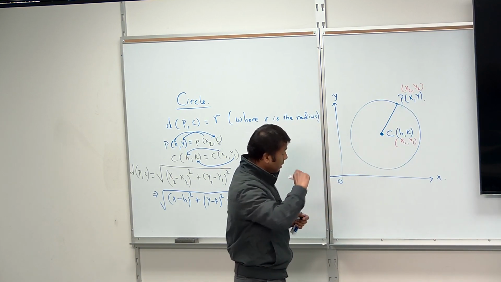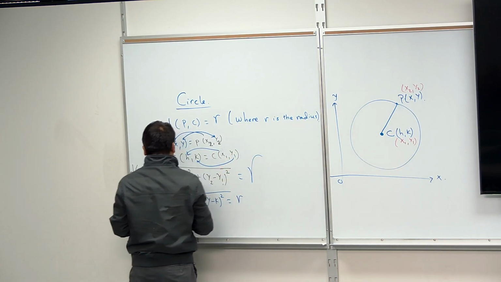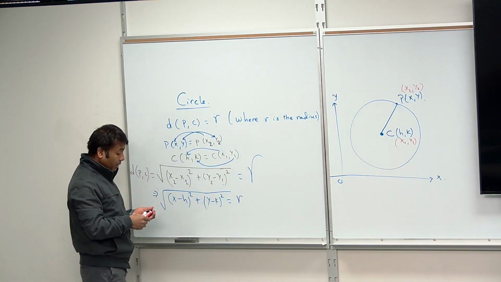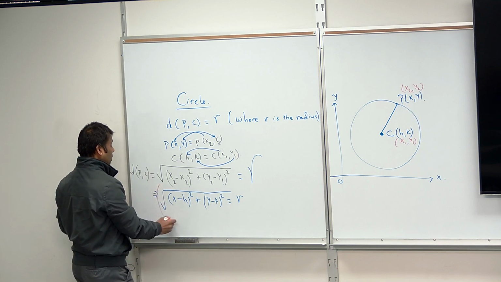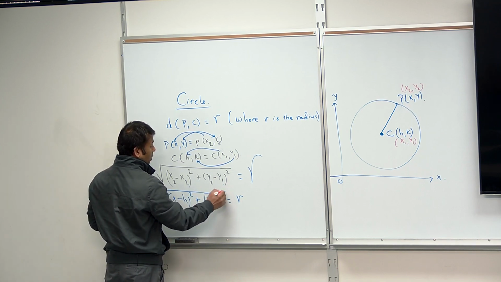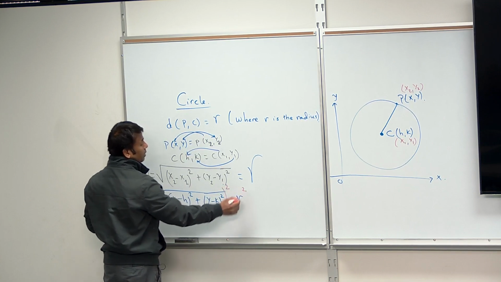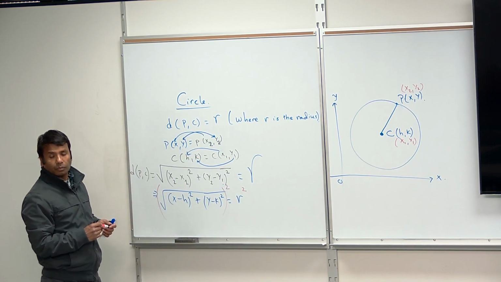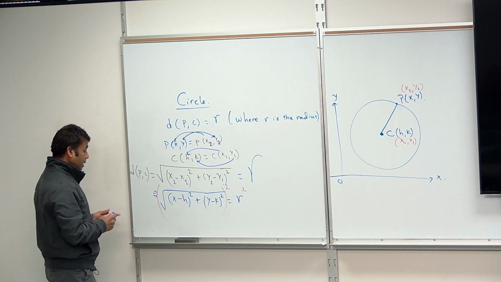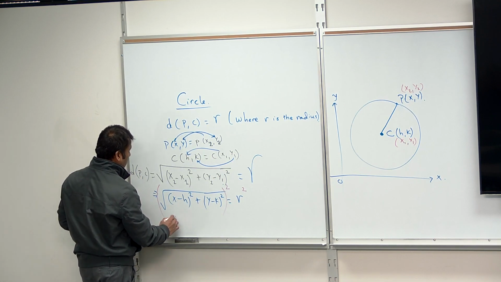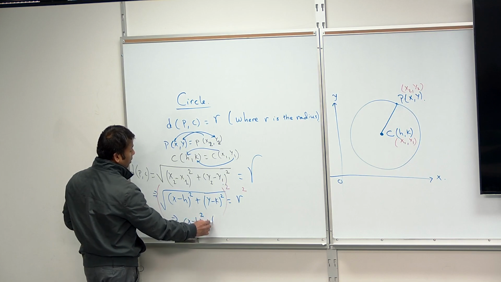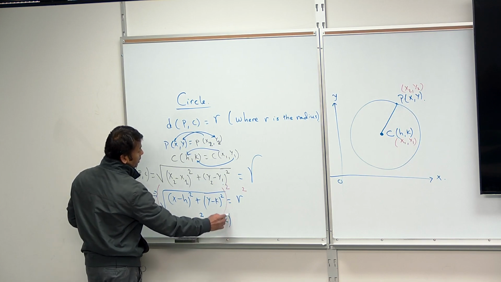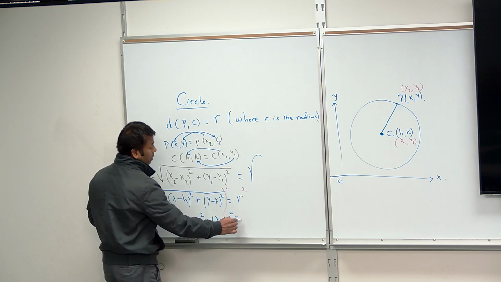Right? And now you have a radical sign. We want to get rid of this radical sign, so we square both sides. If you square both sides, then this will be (x minus h) square plus (y minus k) square equal to r square.